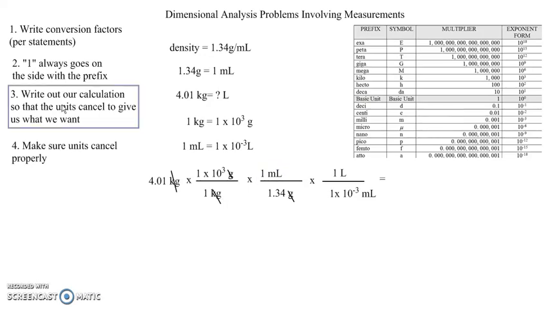Using this last statement, I can now cancel out my milliliters and get to liters. And now when I plug this into my calculator, using the correct per statements with the 1 next to the milliliters and so on, I get 2.99 liters.